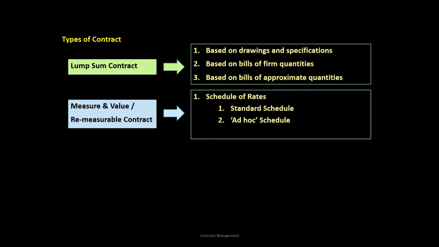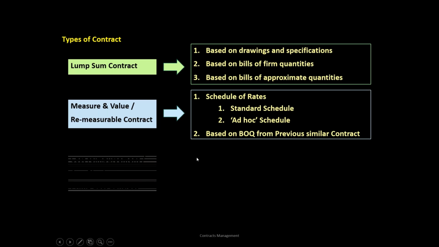There we have a total of three different variants, which can be divided into two major categories. One is based on the schedule of rates, where we have the standard schedule and the ad hoc schedule, and the second is based on the BOQ from a previous similar contract. Lastly, we have to discuss cost reimbursement, sometimes called cost plus or prime cost contract.